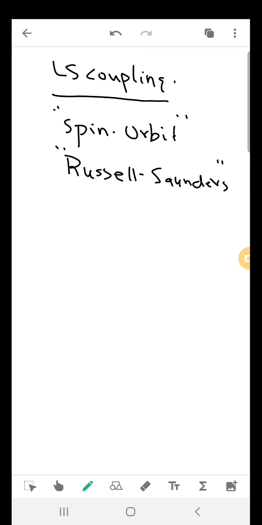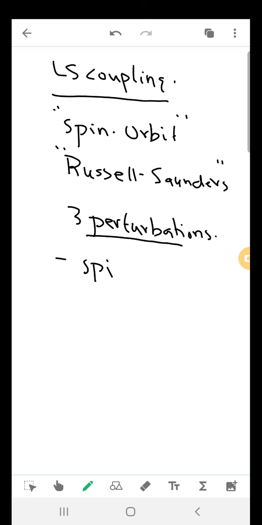Now, there are three perturbations in order. One is the spin-spin correlation. Let me put it as SS. Okay, spin-spin correlation.